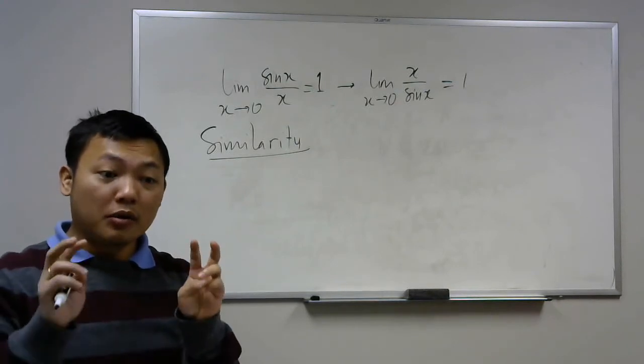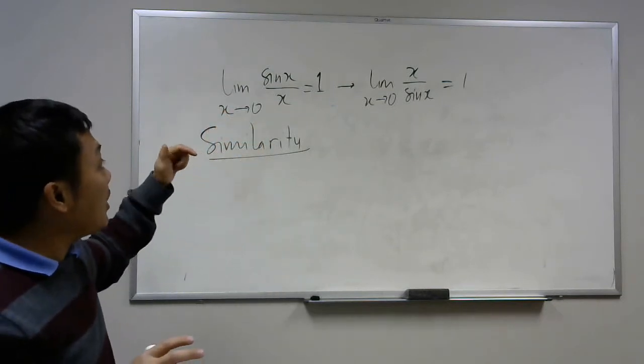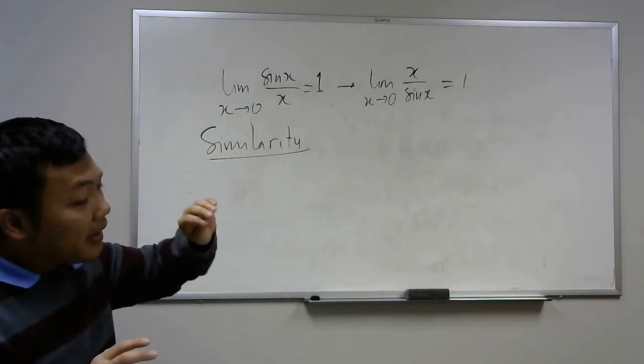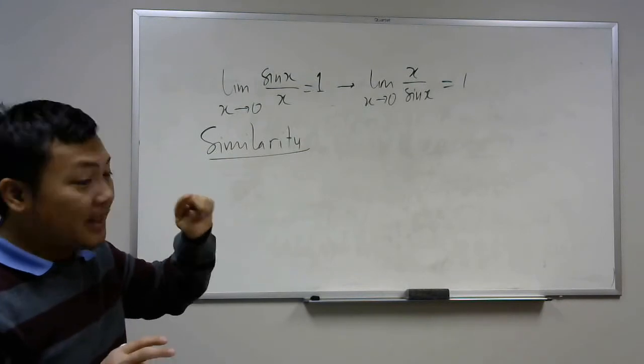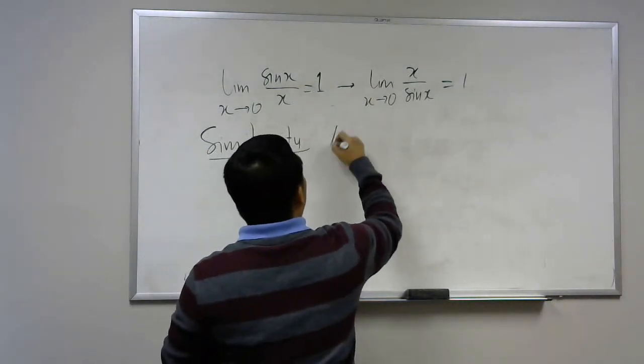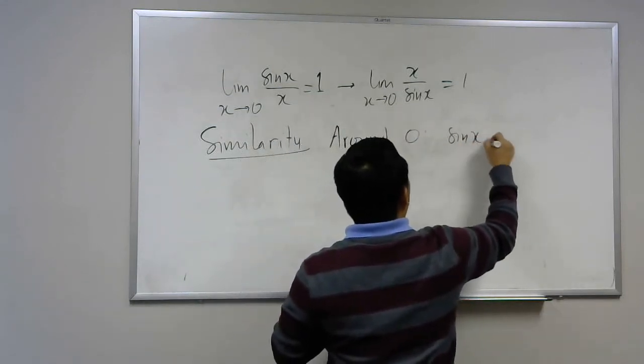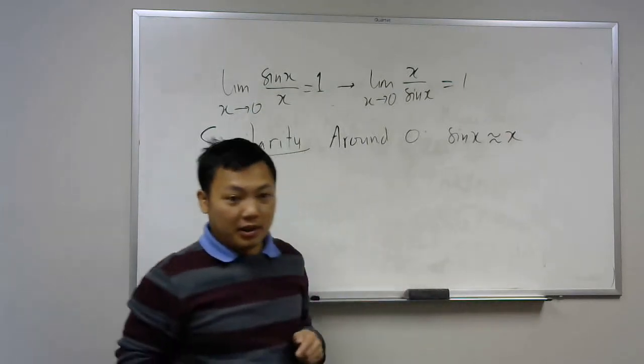Make sense? They are almost similar because the limit of their quotient is equal to 1. So I say when x is very close to 0, sine of x is similar to x.